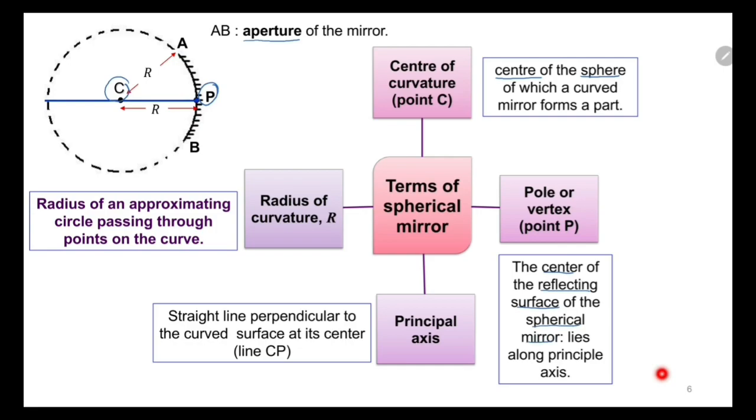Principal axis is a straight line perpendicular to the surface and it is passing through point C and point P. The last one is radius of curvature. Radius of curvature is the radius of an approximating circle passing through points on the curve. You measure radius of curvature from point C to point P.